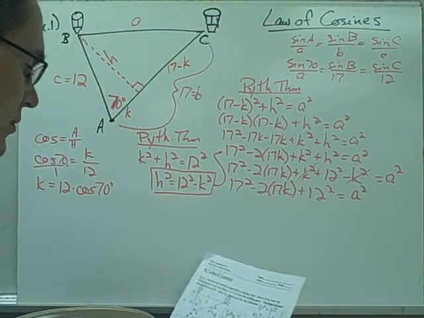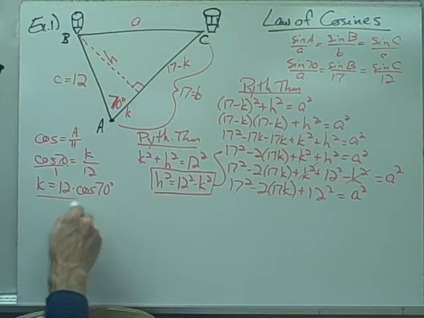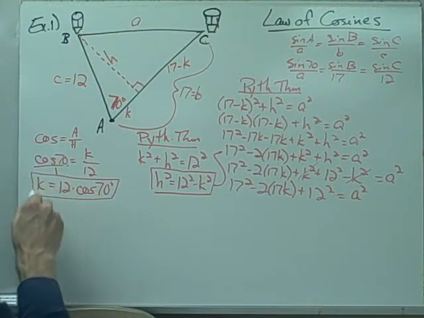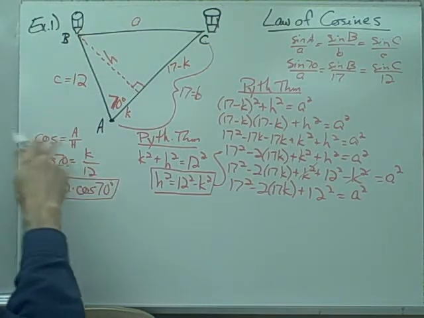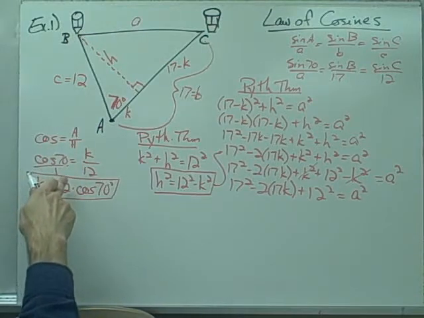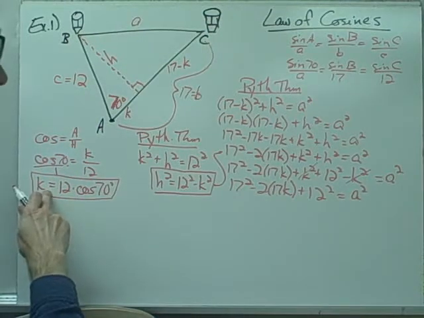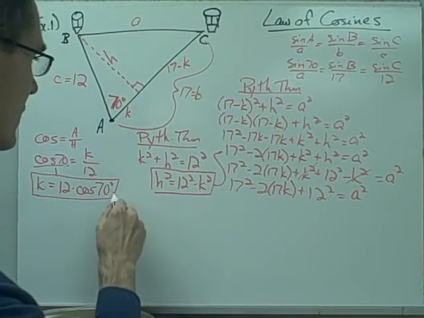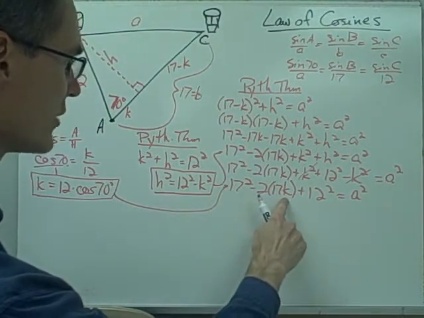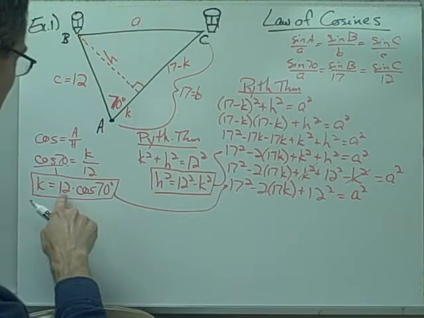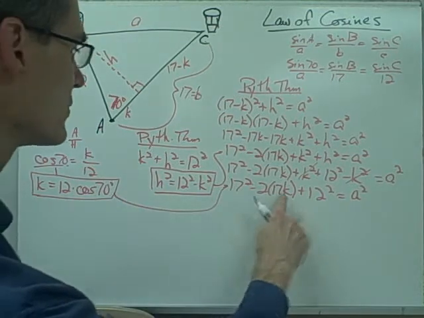Now I would like to do my second substitution, which is I would like to take this value here from my cosine ratio. And I'm going to substitute for the value k, I'm going to substitute that in right here. So if k equals 12 times cosine 70, I'm going to substitute that in here.